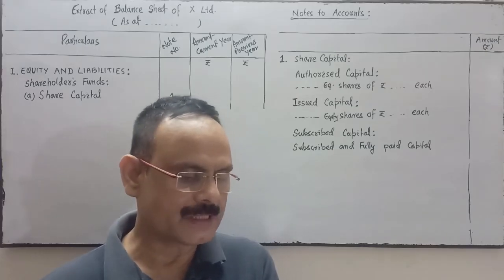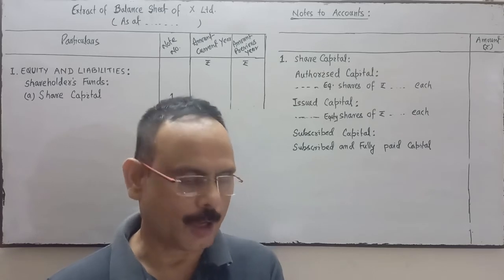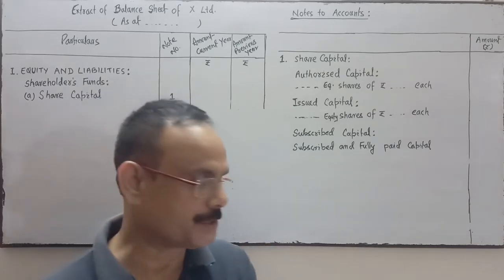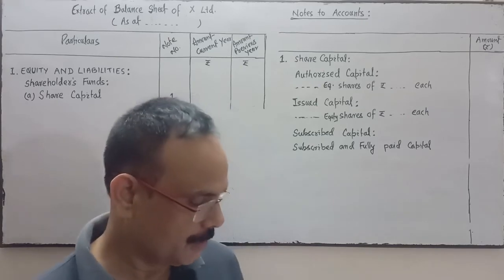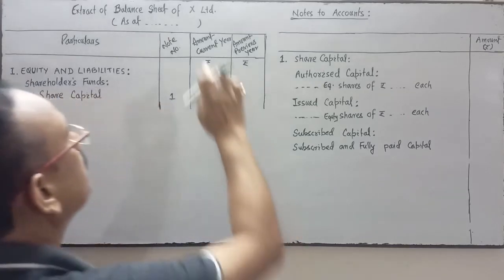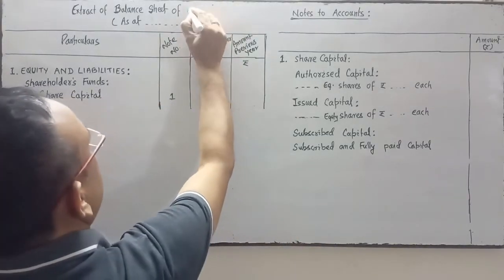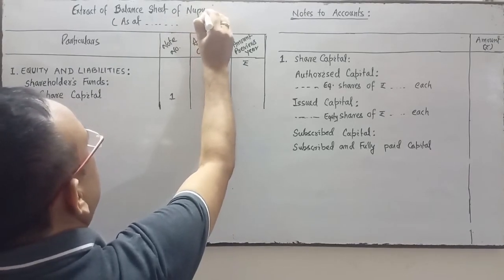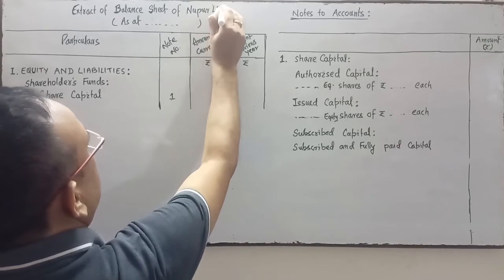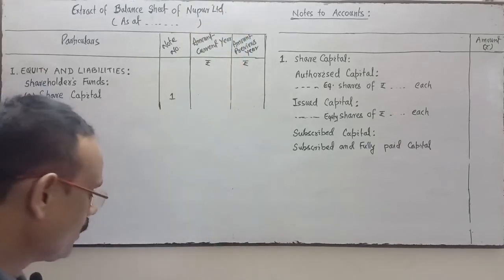Nupur Limited was registered with an authorized capital of rupees 20 lakhs divided into 2 lakh equity shares of rupees 10 each. So the name of the company is Nupur Limited.